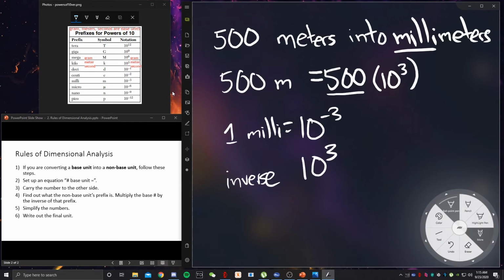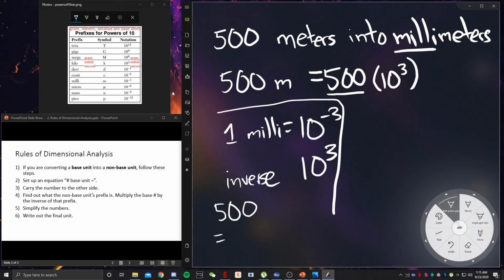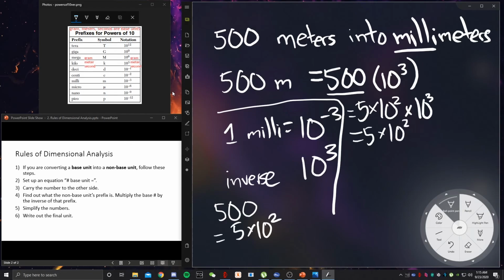And we're going to simplify this number now. 500 times 10 to the 3. And 500 is the same as 5 times 10 to the 2, because that's 2 zeros. So 5 times 10 to the 2 times 10 to the 3. You simplify it, you add these exponents, because we know when you're multiplying 10 exponents, you add them.